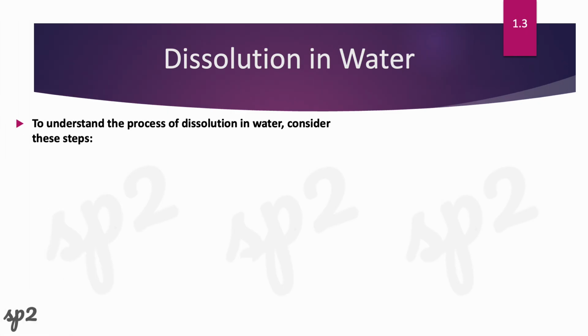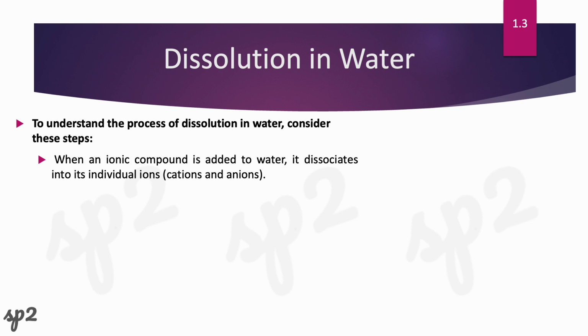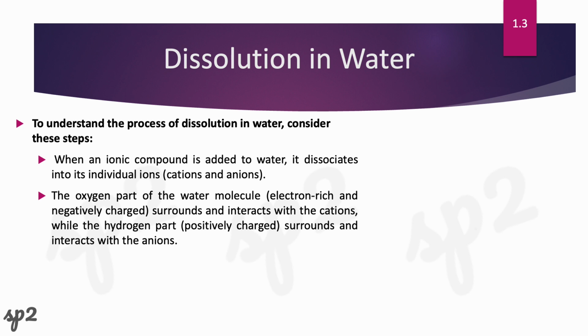Okay, so now let's talk about dissolution in water. The process of dissolving something in water is called dissolution, right? And there are going to be a few steps that I need to consider to understand the process completely. The first thing is when you add your ionic compound in water, they are going to dissociate into their cations and anions. So having these positive and negative charges is key. Then you can think about the structure of the water molecule.